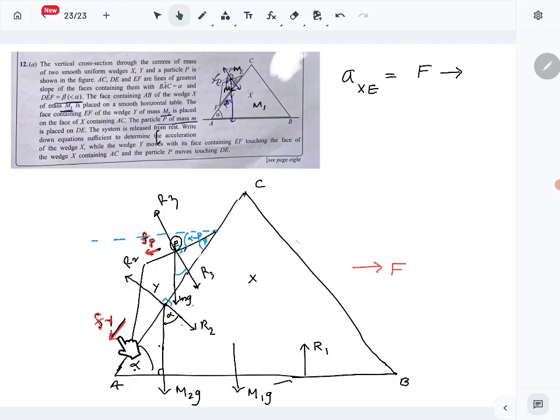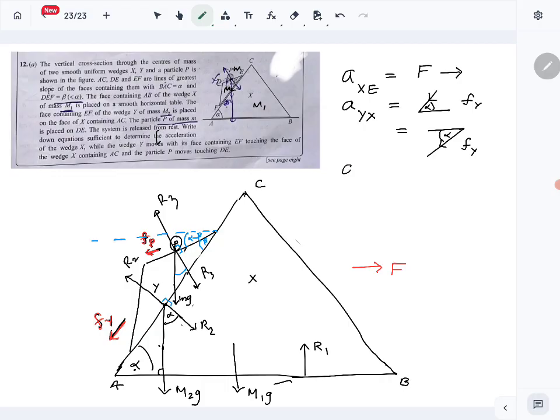This one, Fy, this is relative to wedge x, so that is a yx. So that is going in this direction. Fy, this angle is alpha, so this is same as this Fy, and this angle is alpha, right?